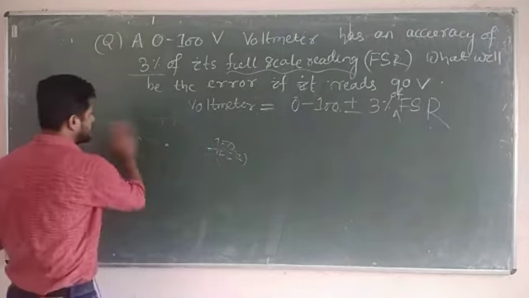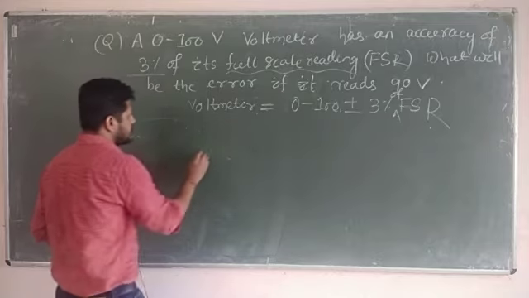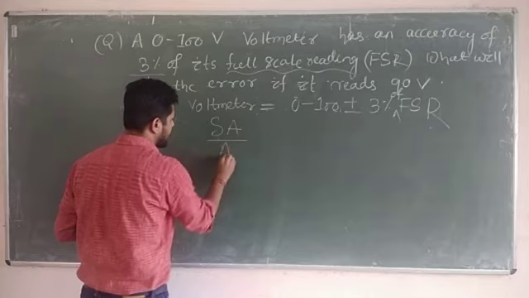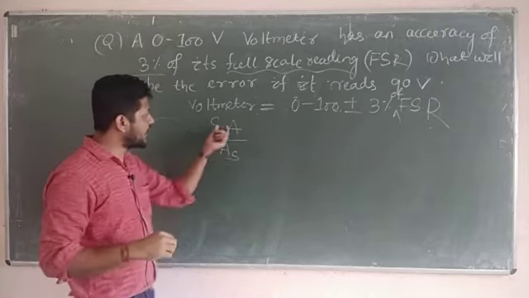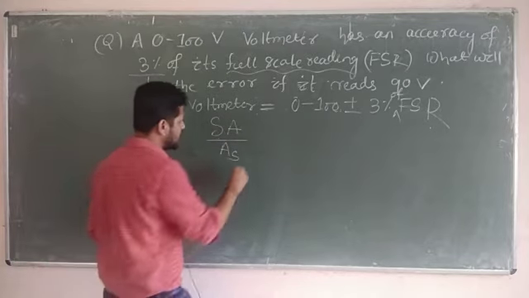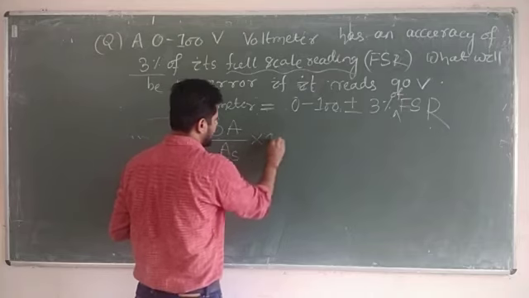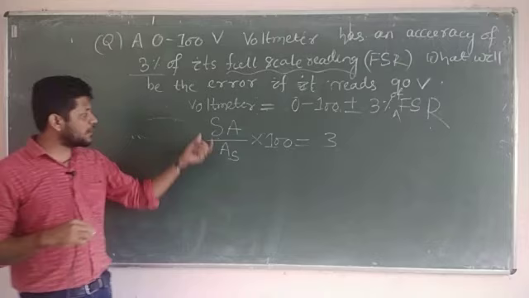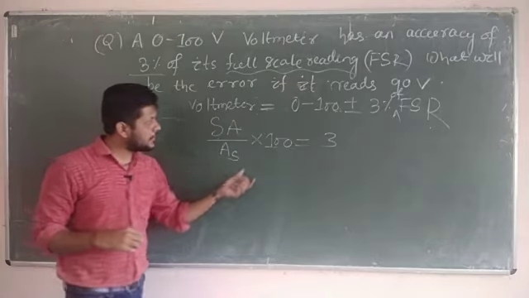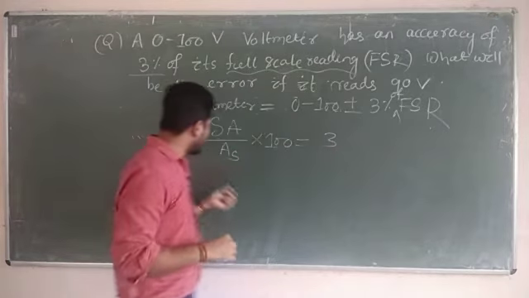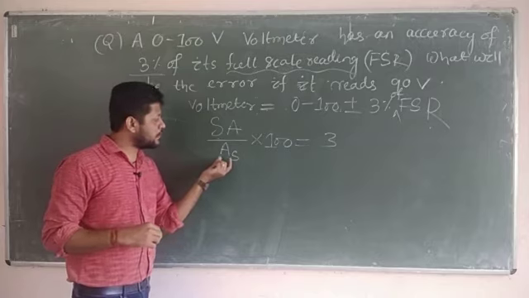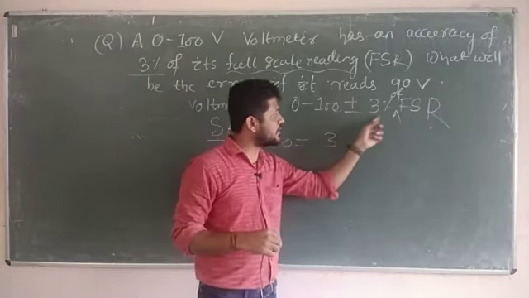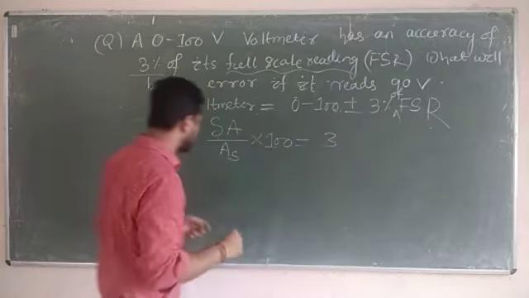First we need to calculate from what is given. Percentage of error means delta A by AS. I have always told you delta A by AS denotes the percentage of error. Delta A by AS into 100 is equal to 3, that is given, where AS is the measured value. What will I put in place of AS? I will put the full scale reading, because this 3% is given at full scale reading.